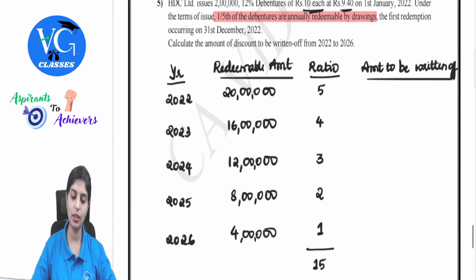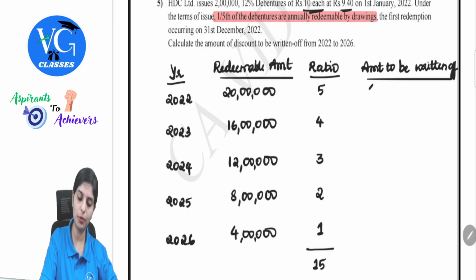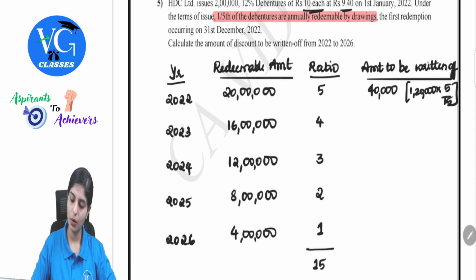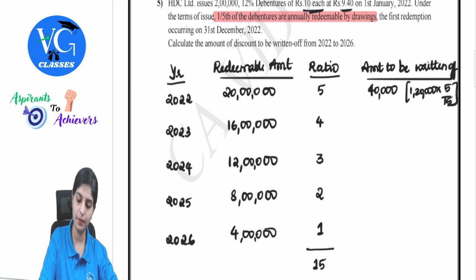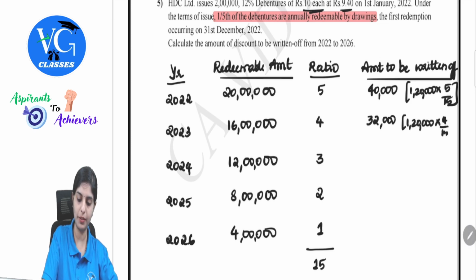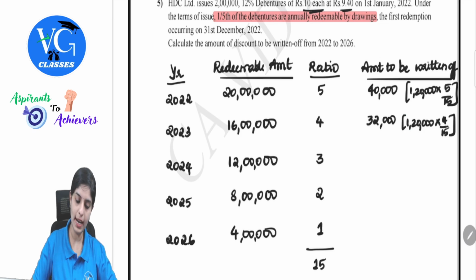So 1,20,000 for the first year will be 1,20,000 into 5 by 15. That will be 40,000. So how did I get this? 1,20,000 into 5 by 15. Next, 1,20,000 into 4 by 15. So that is 32,000. Next, 1,20,000 into 3 by 15.